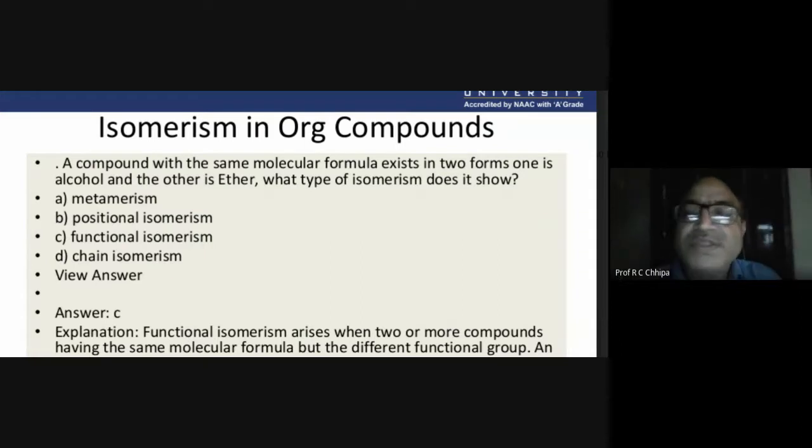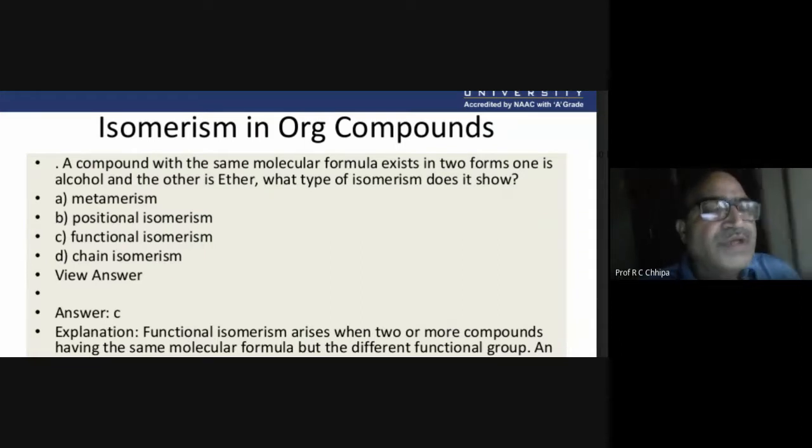So here we can see the functional isomerism.